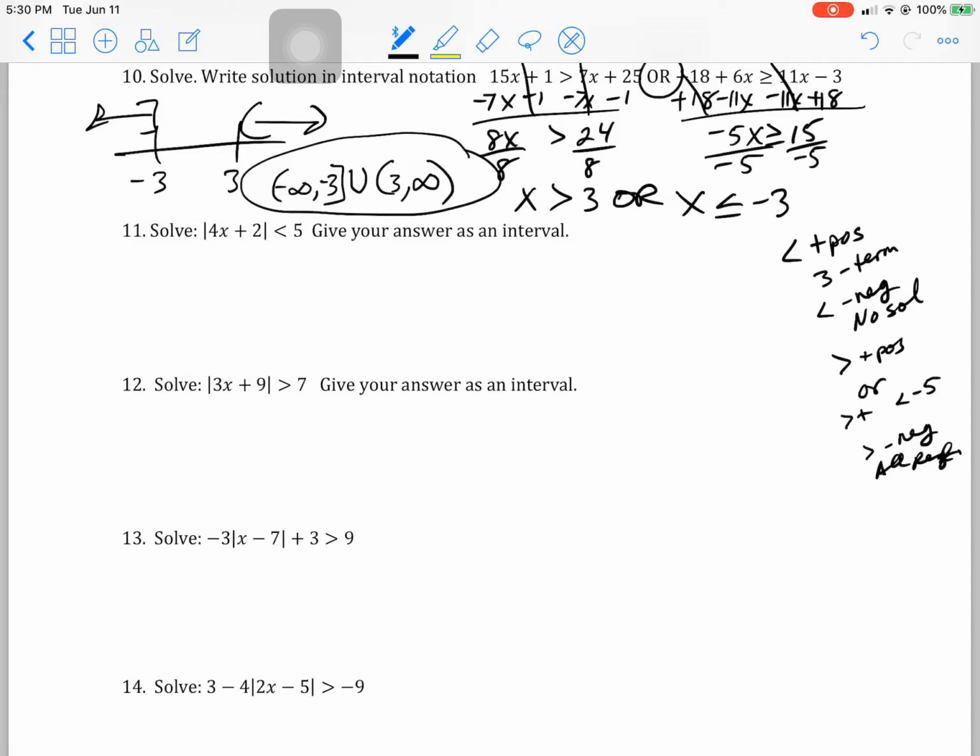So a less than with a positive number says three-term. So what you do is you write down what's in the absolute value, the symbol on this side, the less than, and the positive number, and you go over here and add another inequality symbol, another less than, and put the negative number on that side, and solve it like a three-parter.